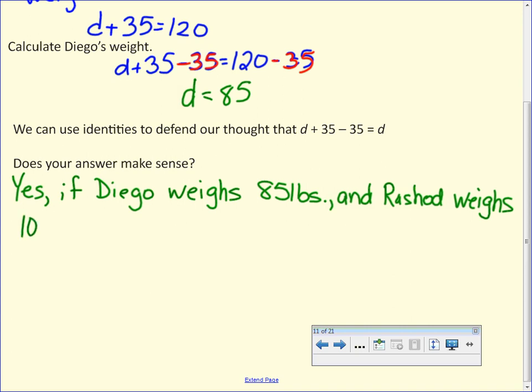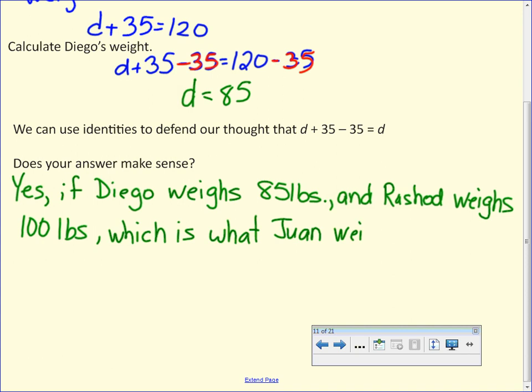So Rashad weighs 100 pounds. Which is what Juan weighed last year. But before he gained 50 pounds, 20 pounds. Sorry, Juan.